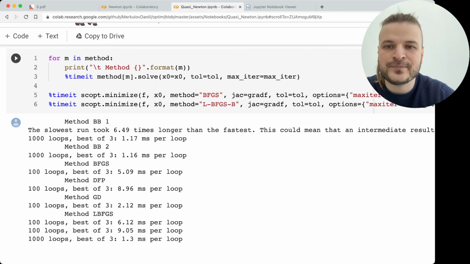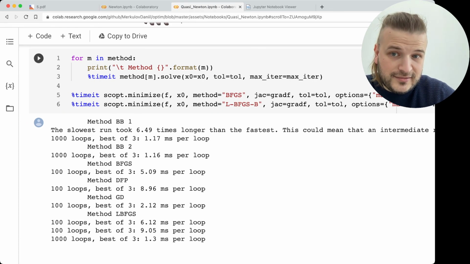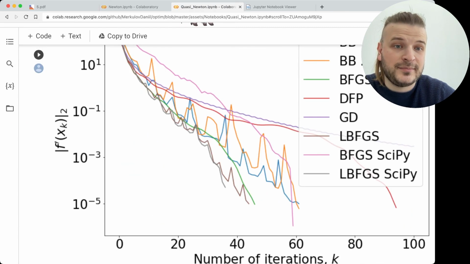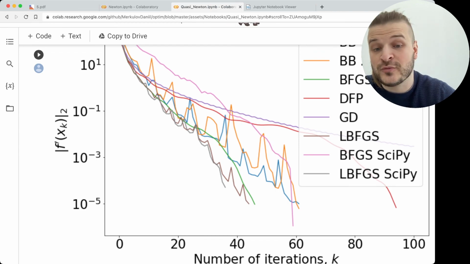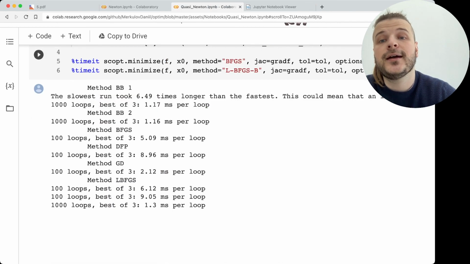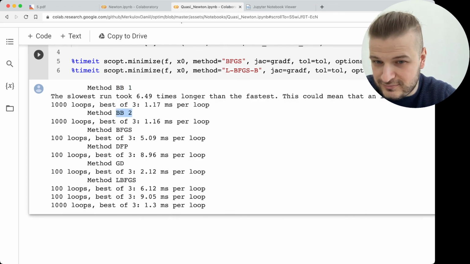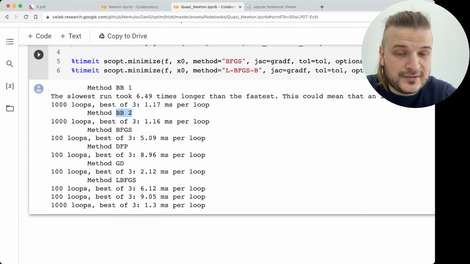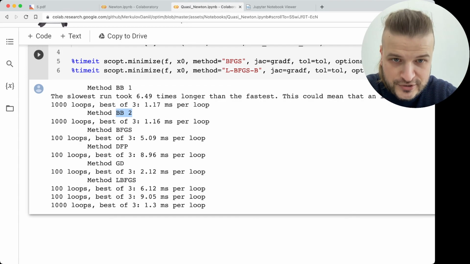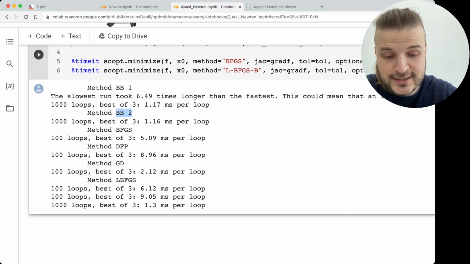You can see that despite the fact that the BFGS method outperforms BB1 and BB2 in terms of the number of iterations, these methods, which are just gradient descent actually, spend less time for the general procedure because each iteration is a little bit cheaper for them.